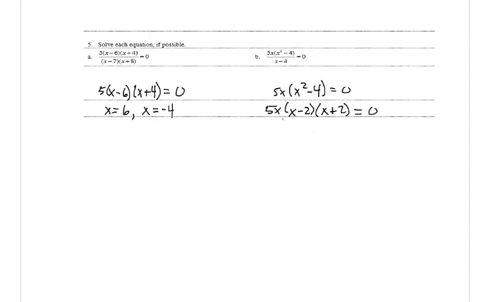And now if I set each of these factors equal to 0 individually, I find that x is equal to 0, x is equal to 2, and x is equal to negative 2. And if we look at our denominator, the denominator would be 0 at 4. So since 4 wasn't any of our answers, we can say that this equation is equal to 0 if x is 0, if x is 2, and if x is negative 2. And that's how we find values that make rational expressions equal to 0.